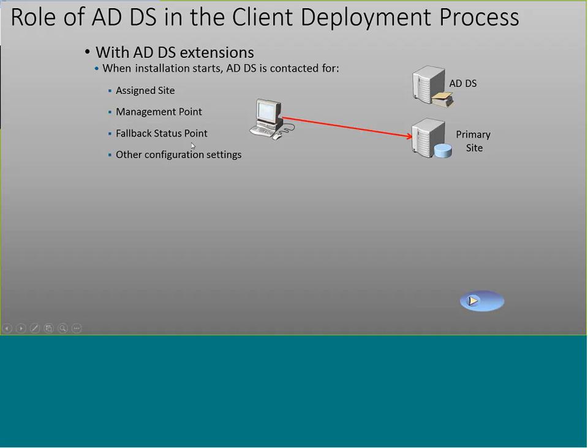It just takes all the error messages from the clients. Other configuration settings can also be retrieved by Active Directory extensions because all the clients are joined to the domain, right? So Active Directory is playing a major role here.